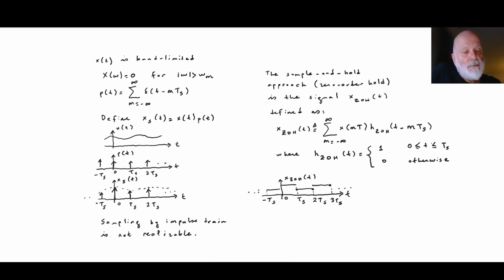So the signal obtained by the sample and hold approach is defined by using the samples of the signal multiplied by shifted replicas of the rectangular pulse of duration ts, and we obtain again a kind of sampled signal.